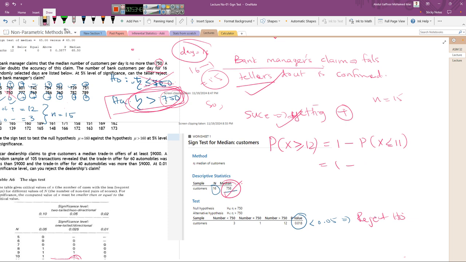So I can write this as 1 minus the summation of x equals 0 to 11 of 15Cx times 0.5^x times 0.5^(15 minus x).